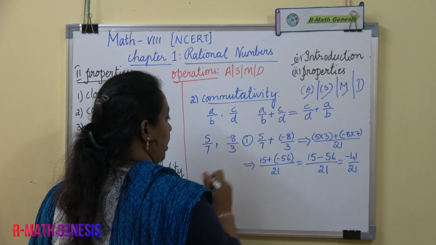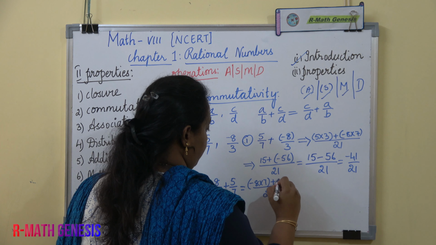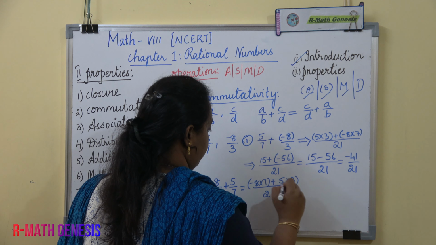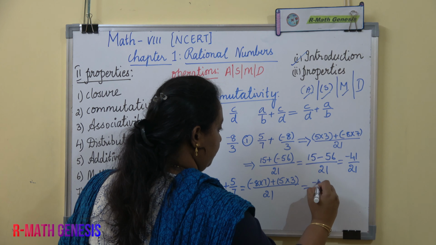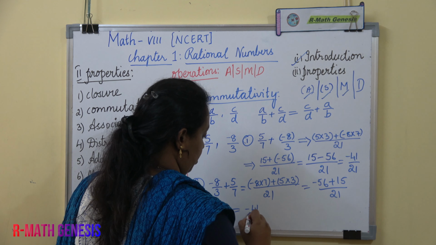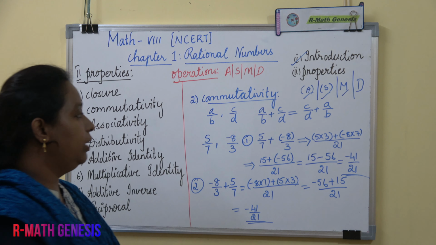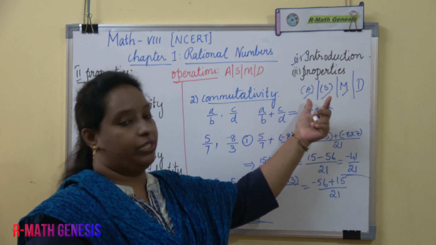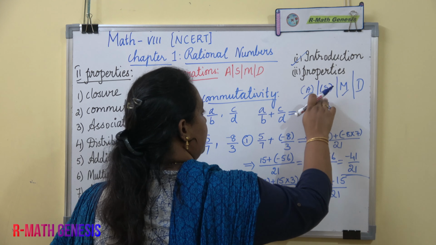Again the LCM is 21. So 8 into 7 plus 5 into 3, so you get minus 56 plus 15 by 21, which is nothing but minus 41 by 21. So you got the same answer here and here. So commutativity in terms of addition is true.